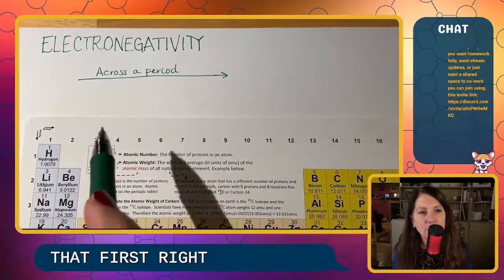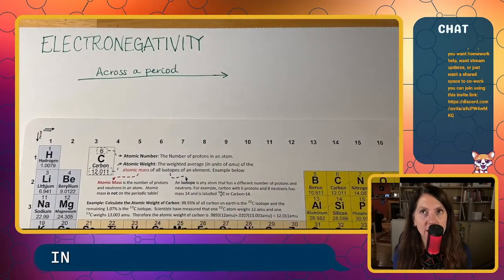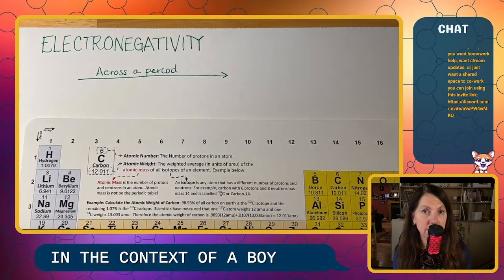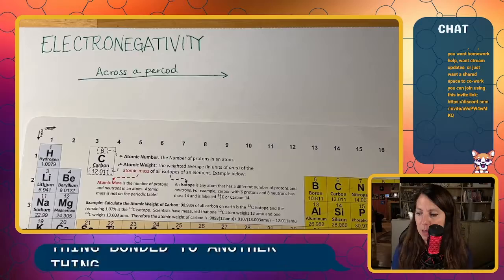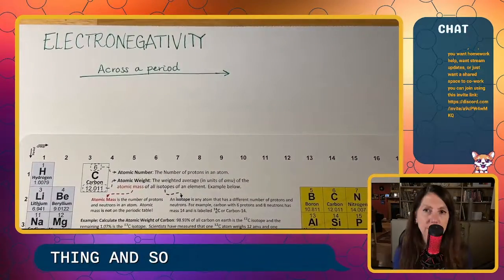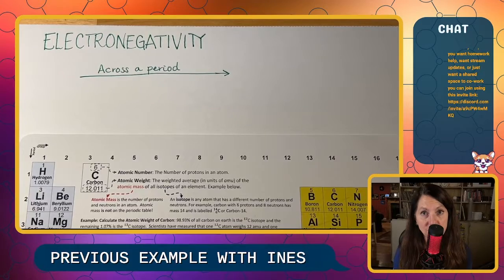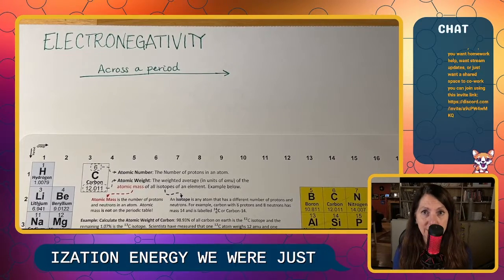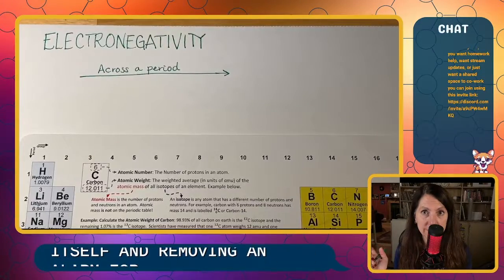Okay, so electronegativity is always in the context of a bond. So you need to always have one thing bonded to another thing. And so in our previous example with ionization energy, we were just talking about an atom by itself and removing an electron.